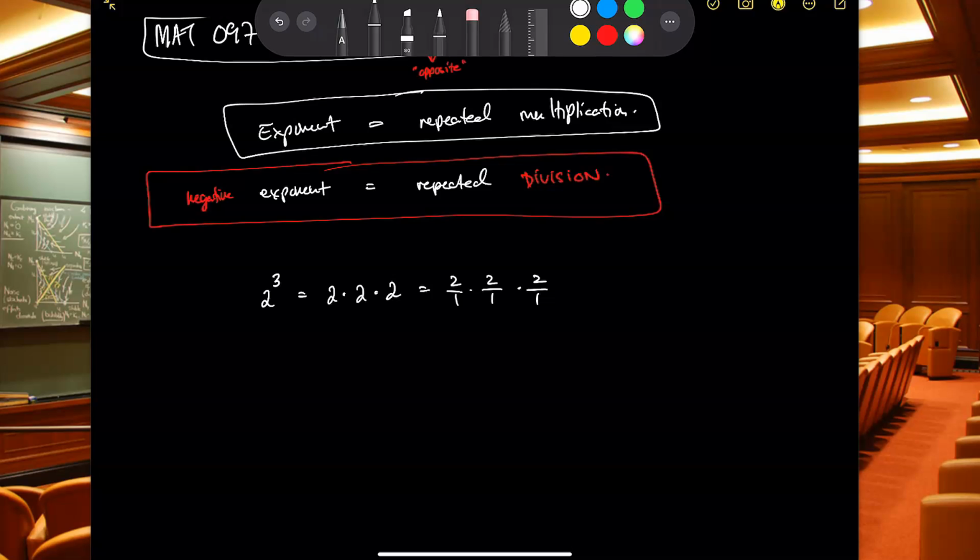Well, because if this means repeated multiplication, 2 to the negative third means repeated division, which is 1 over 2 times 1 over 2 times 1 over 2, which is really, right, if this is equal to 8, that means this is equal to 1/8. So another way to write this, 2 to the negative third, is equal to 1 over 2 to the third. This is actually the definition of what a negative exponent means, but it gets you to the same place.